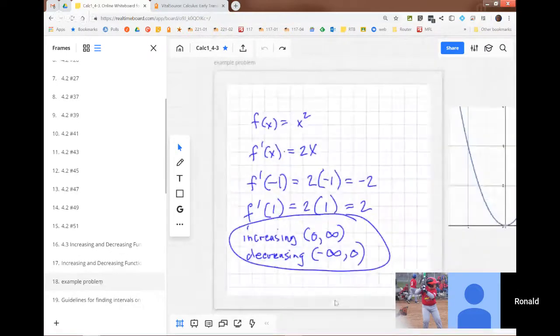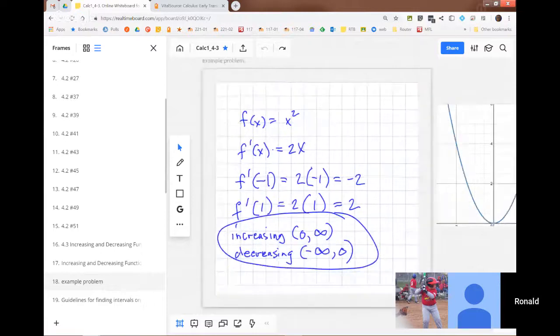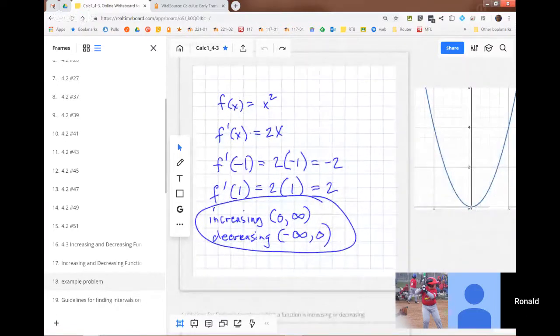So let's take a real easy problem here. The function f of x equals x squared. Its derivative, of course, is 2x. When is the first derivative 0? Only one time, when 2x equals 0, and that's when x equals 0. So we know that this is divided only into 2 parts, with the dividing point at 0.